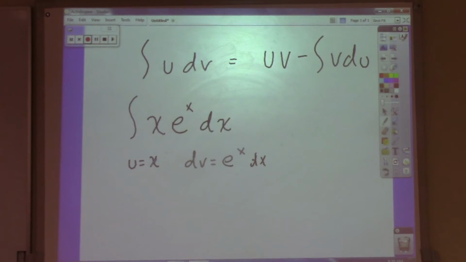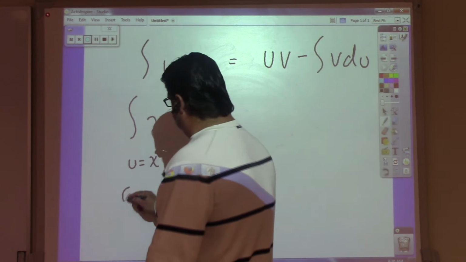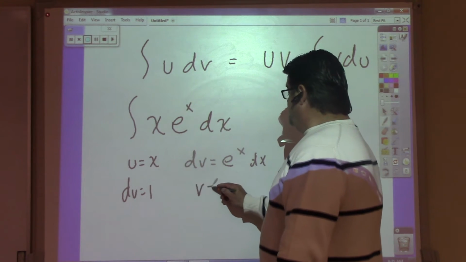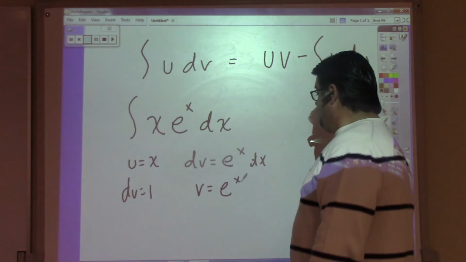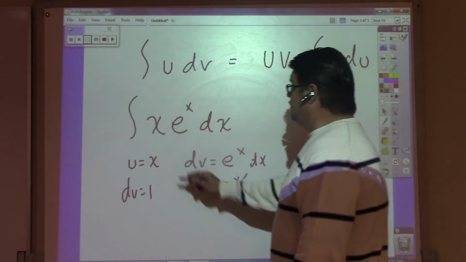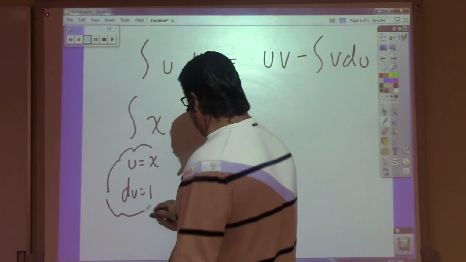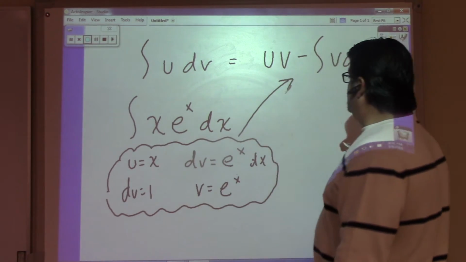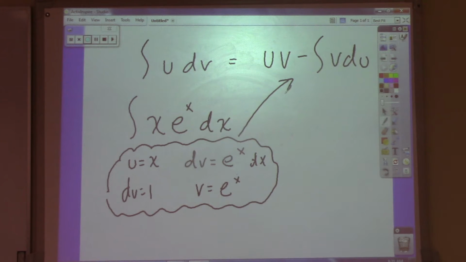Now, once you get u and dv, you just do the antiderivative and you do the derivative. The derivative of u is 1. du is 1. And v is e to the x. And then you take this and plug into ultraviolet minus voodoo.